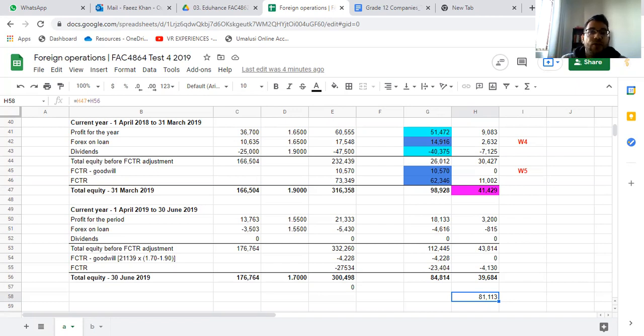We take it to the investment in the subsidiary, or in this case, they just call it investment in Endgame. So once we take all journal entries to the investment, then we just de-recognize the investment, which will then account for everything.